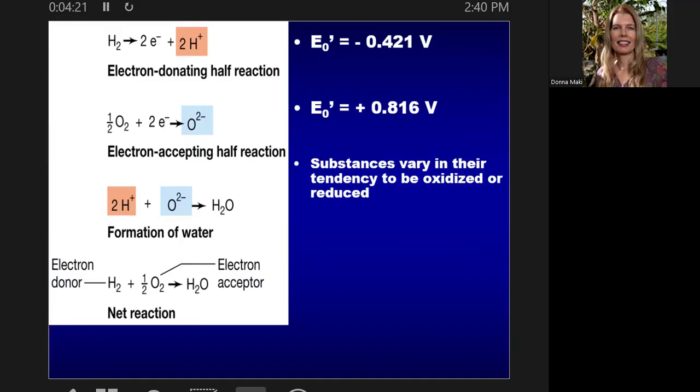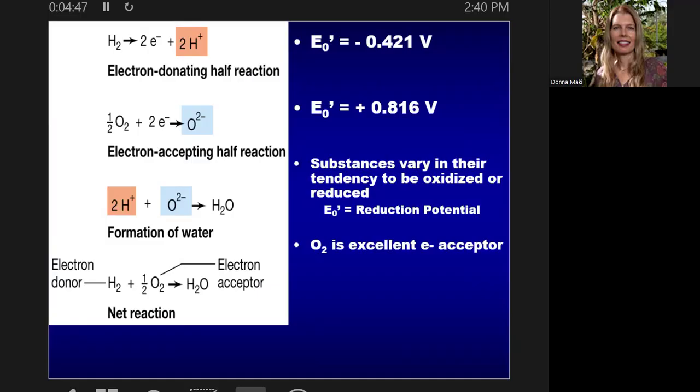So you can do this and calculate reduction potentials for all kinds of molecules, and they all vary. It depends on the molecule. They vary in their tendency to be oxidized or reduced, how happy they are to give off electrons, or how stingy they are about it. And you can calculate all these reduction potentials, and they're either going to be a negative value, 0 or positive, okay?